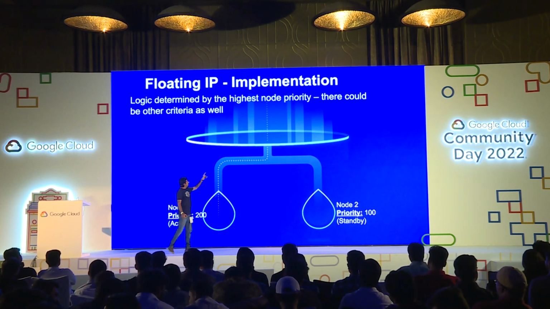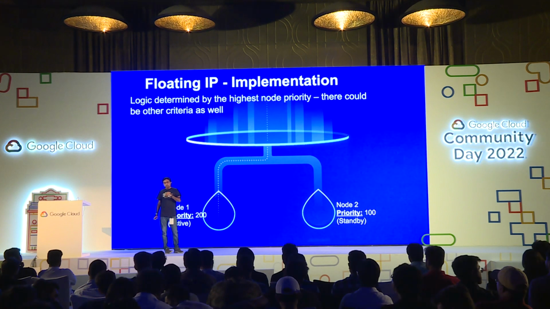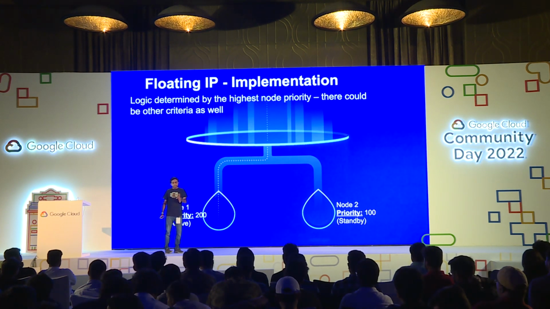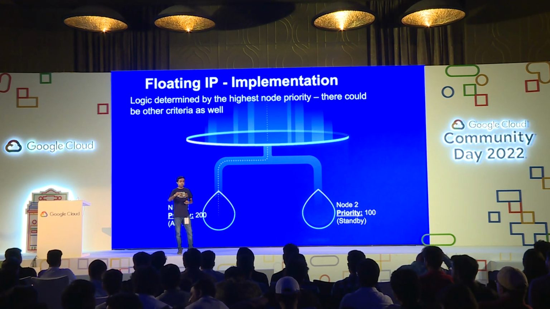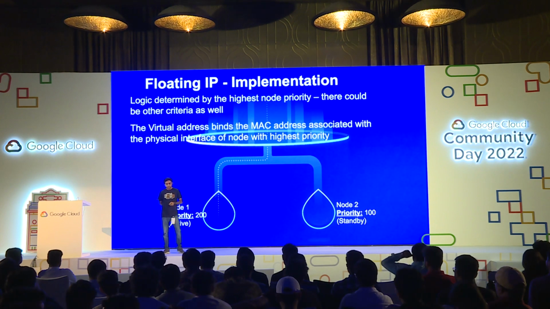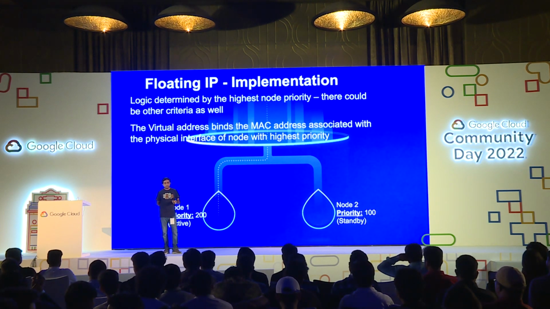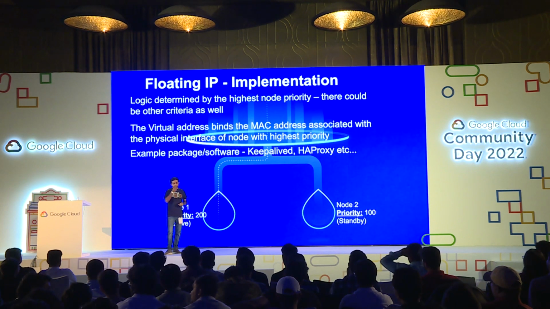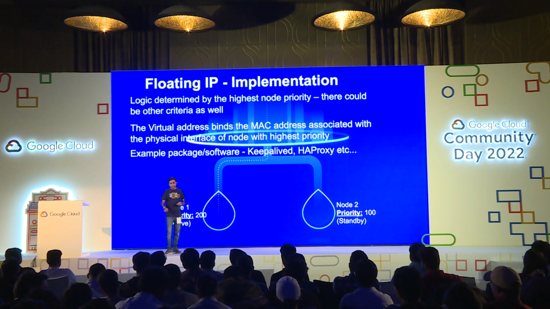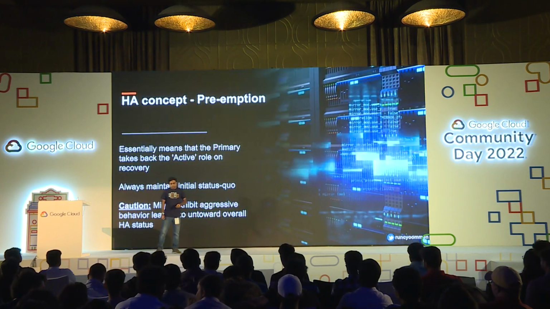And then the floating IP, when you hit the floating IP, it will give you access to node 1. And this is how you basically determine it. As I said, it works in the layer 2 space. The IP is bound to the MAC address, and it will basically serve the traffic. You can use certain packages like Keepalived and HAProxy, which basically do this task for you.